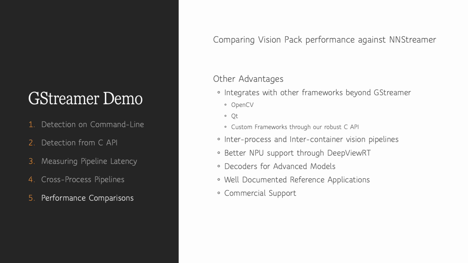There's integration for OpenCV, Qt, and the low-level C API makes it easy to integrate into other custom frameworks, including some just using standard low-level Linux system libraries. It provides the inter-process and inter-container vision pipelines, as well as well-documented reference applications and commercial support.